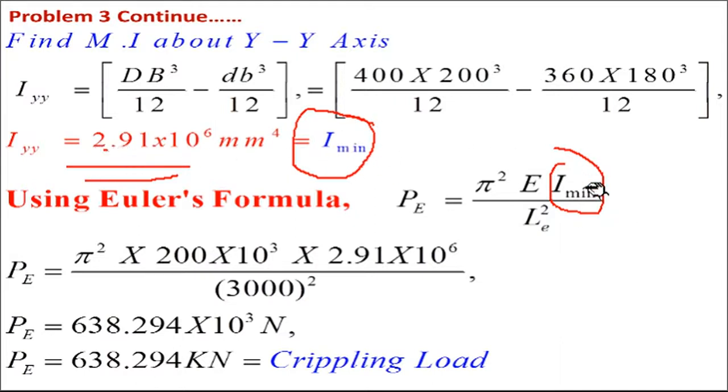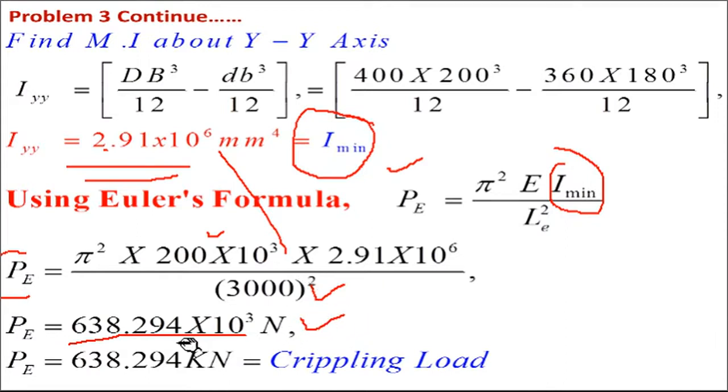So this term you have to use in the calculation. Using Euler's formula, P is equal to pi square EI minimum upon effective length square. We have to calculate this crippling load P, put the pi square value, E value, then the moment of inertia value and effective length. Solving this, we will get crippling load as 638.29 into 10 to power 3 Newton.